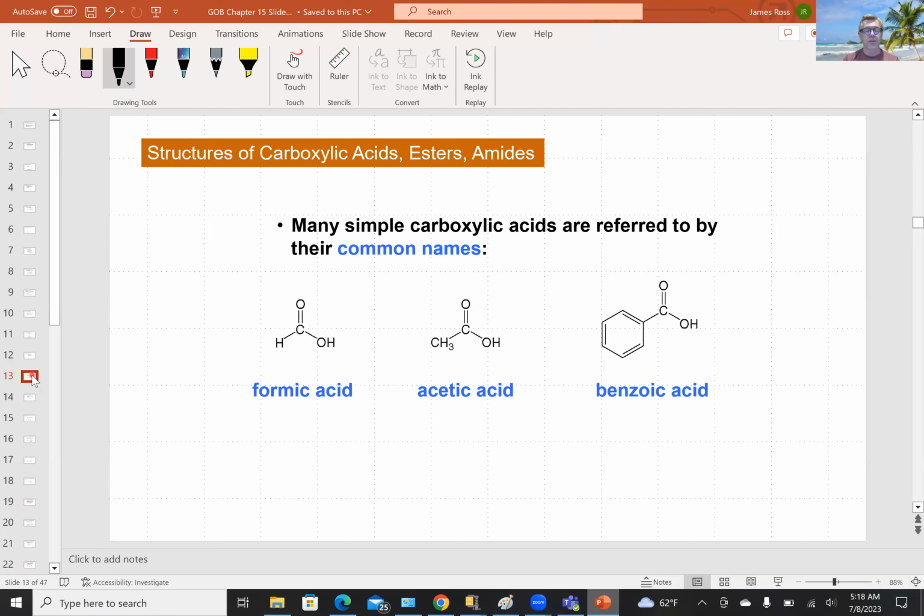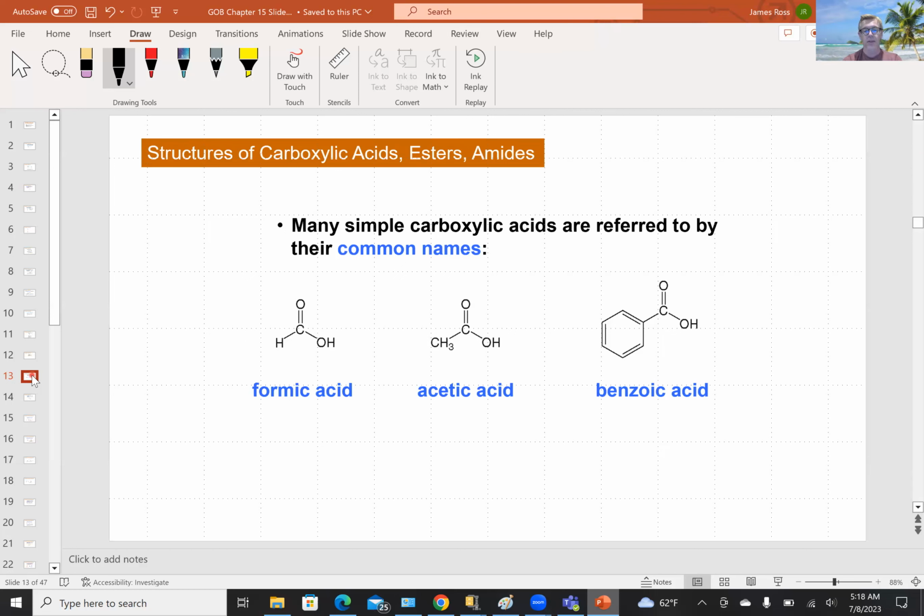Okay, in addition to IUPAC names, we also have some common names for carboxylic acids that you'll see because they're used frequently. So acetic acid in the middle is the main one. You can't get through a GOB class without bumping into acetic acid at some point.